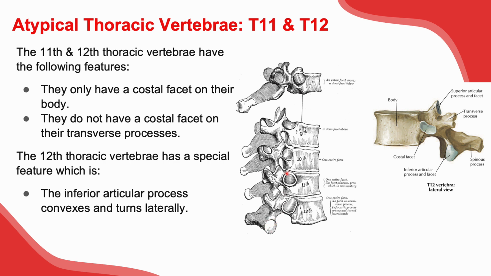If you remember, in the rest of the thoracic vertebrae, the inferior articular process was facing anterior-medially. You'll know why the 12th thoracic vertebra has its inferior articular process convex and turned laterally in a while.